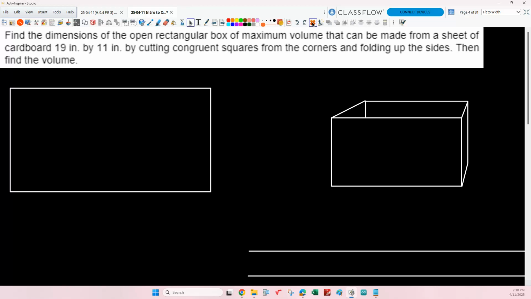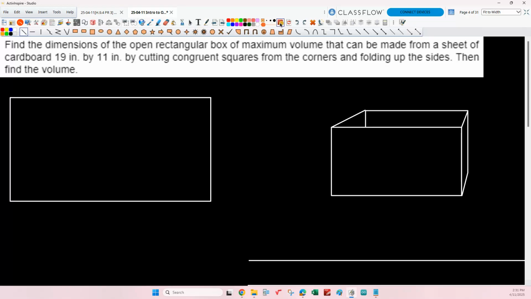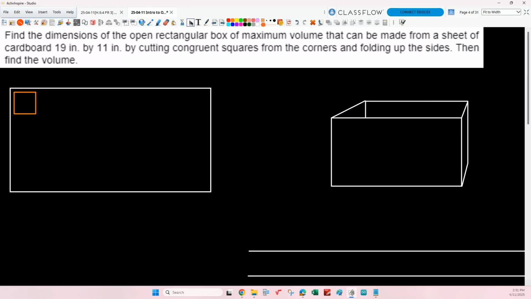Well, how did they do that? They made some squares out of the corners here. Let's see, I'm going to try to make this look nice. So I'll do like this. Let's just say that's our square for some reason.